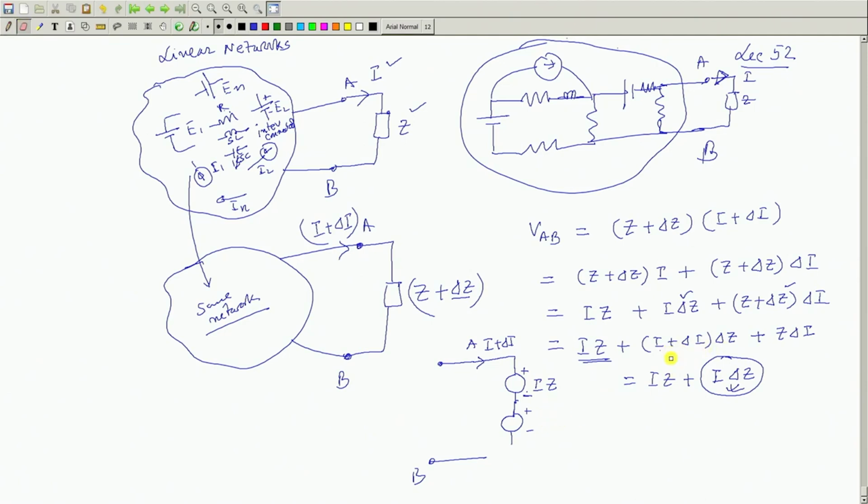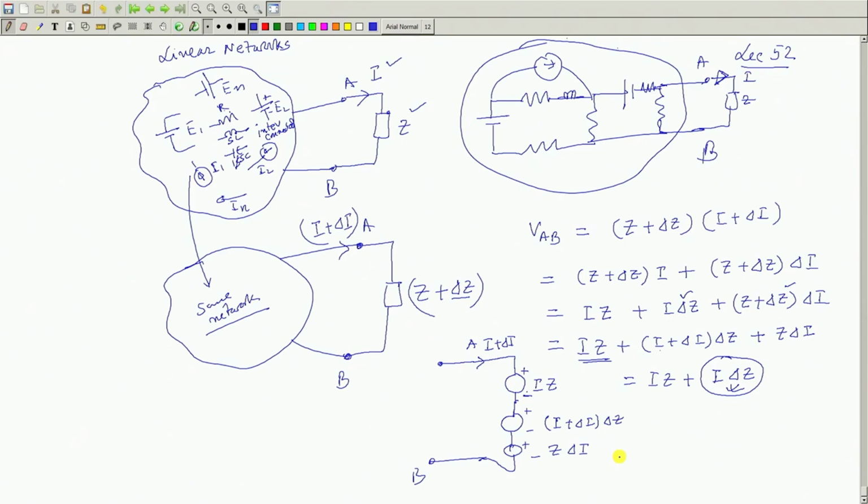There is a voltage drop, I will write it as I plus delta I into delta z, and plus another voltage source I will write z into delta I. This way I can write it with the help of substitution theorem.